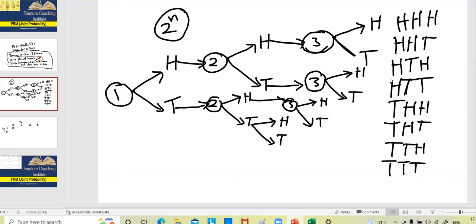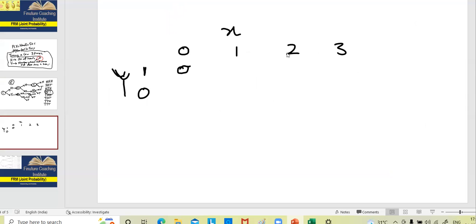So the probability of one head is only this instance wherein we have a head at first toss and there is only one head in the outcome. So the probability of this is 1 over 8. It is 1 out of 8 outcomes. So the probability of this joint distribution is 1 over 8.